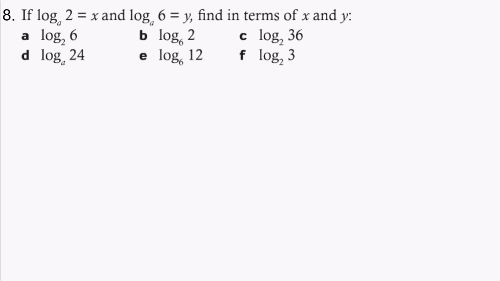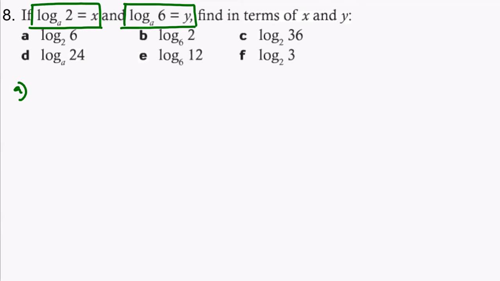We're going to look at a couple of examples, more practice on how to change bases. Here we are given two conditions. Log to base a of 2 is x. Log to base a of 6 is y. We need to write each of these in terms of x and y. I'll start with a.